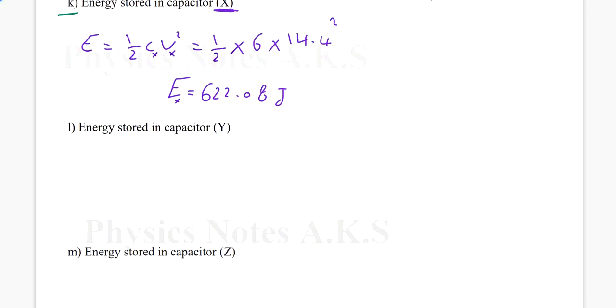Okay. Now, I guess this is, oh, no, it's not the last one. They need the energy in capacitor Y. Let's do the same thing. Energy in Y is actually half CV squared. Which C? It's the C of Y and V of Y. So it is half multiplied by 2 multiplied by 14.4.